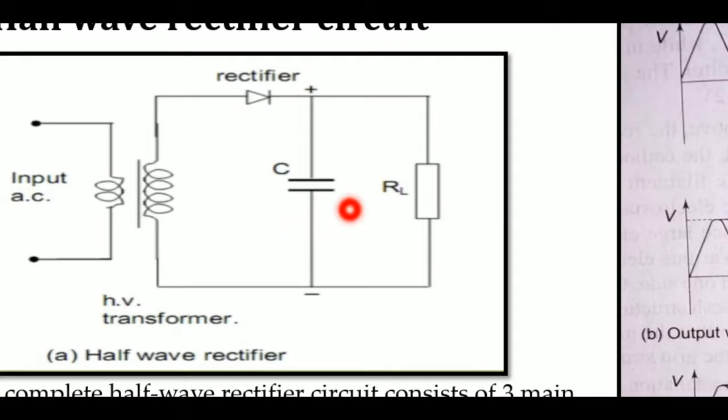In such a way we have to choose the capacitor value. It should be how much? 10 times the period of the AC supply. Keep it in mind. Getting my point?